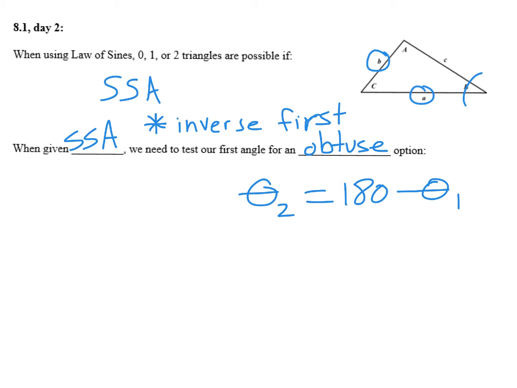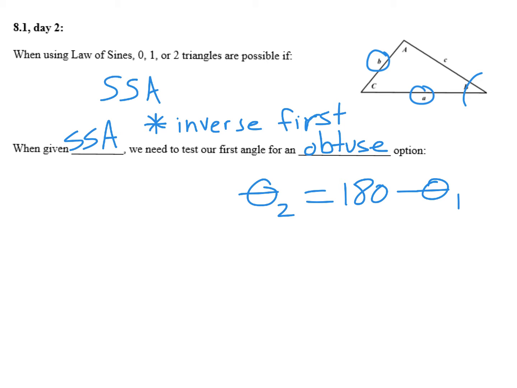Because remember, if we're dealing with sine, this takes us back to when we were solving back in chapter 7. To get our second case, we would take our first answer and subtract it from 180. This was only for sine, like cosine and tangent had different rules. But this is the law of sines, so we're specifically dealing with the sine function.